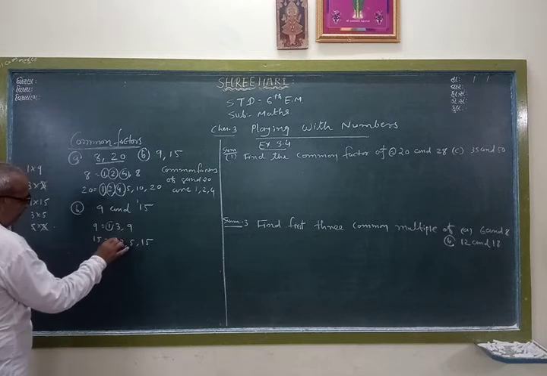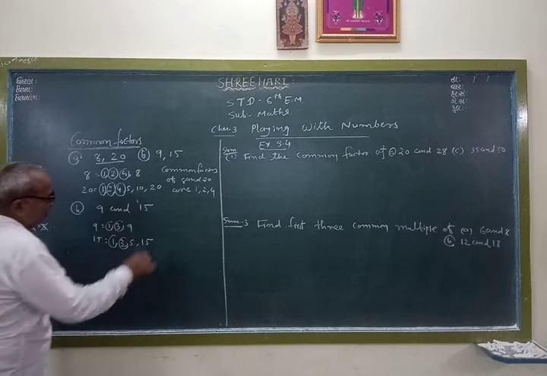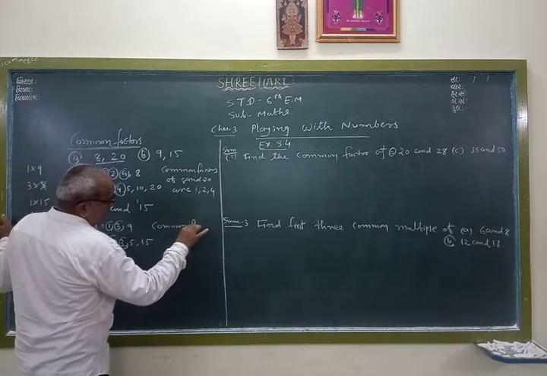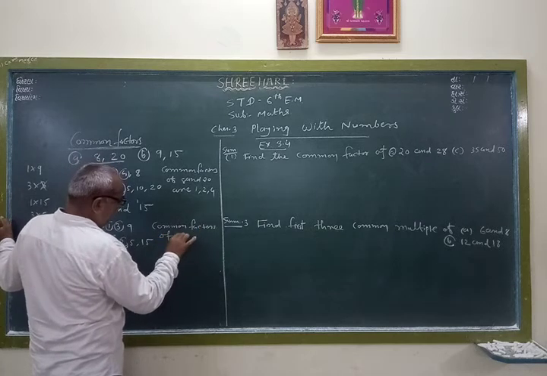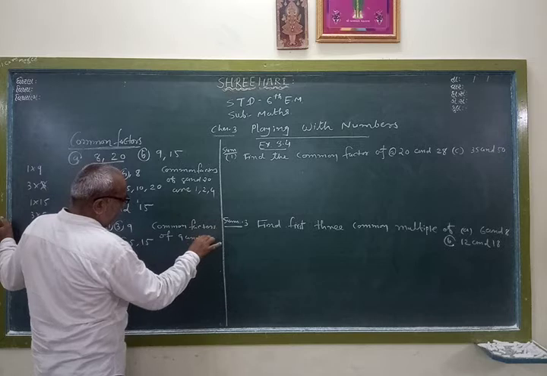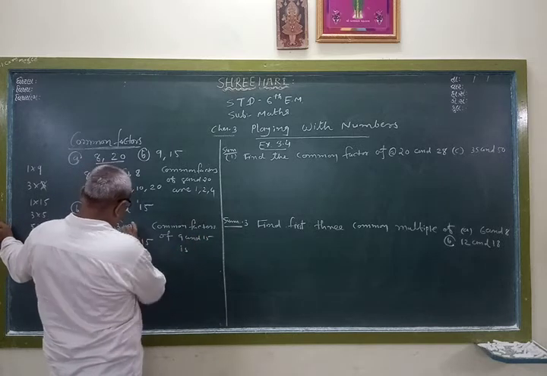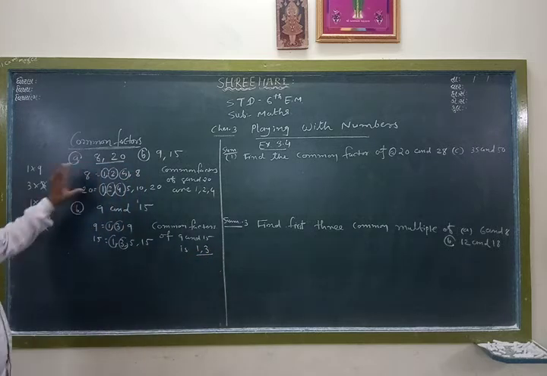Here 1 and 3 are common. So the common factors of 9 and 15 are 1 and 3. So this is common factor.